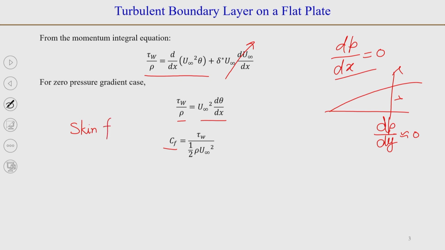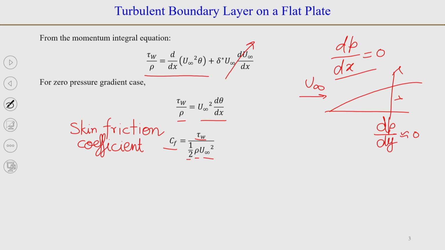It is nothing but a non-dimensional form of wall shear stress. So, you have tau w and it is being non-dimensionalized by half rho u infinity square, where u infinity is the free stream velocity.